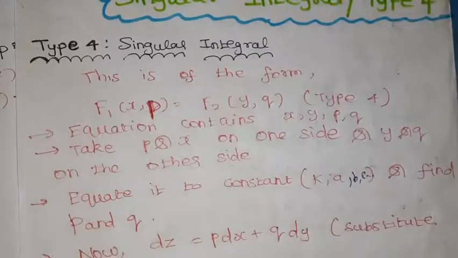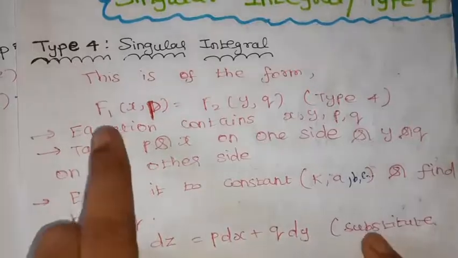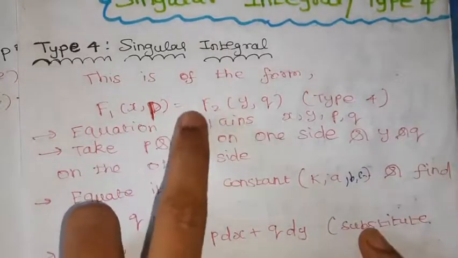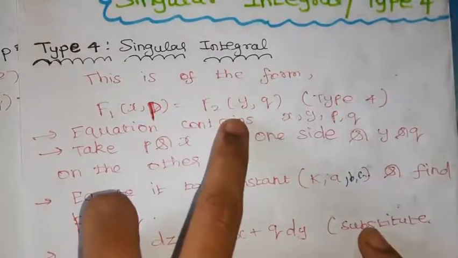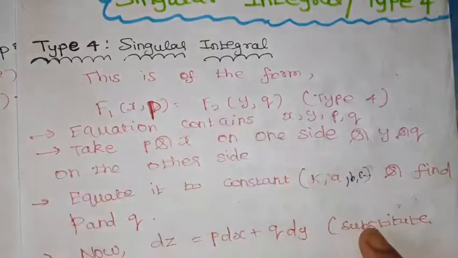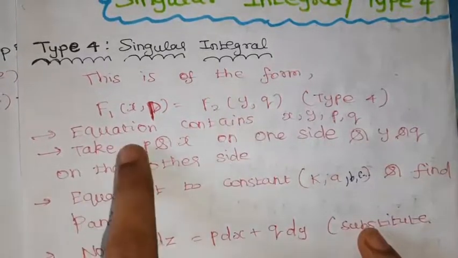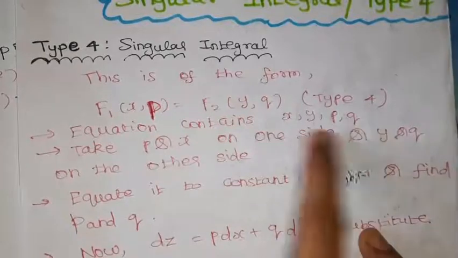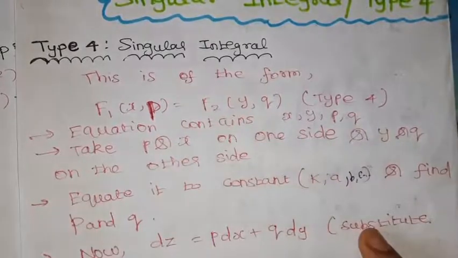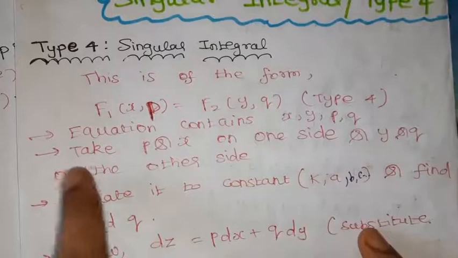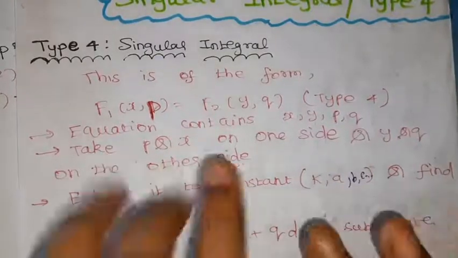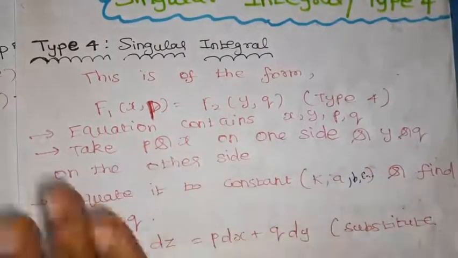Type 4 singular integral is of the form function of x comma p equal to function 2 of y comma q. If the equation contains x, y, p, q, then it is a type 4. First step, we need to identify the type. We have identified it as type 4, right?